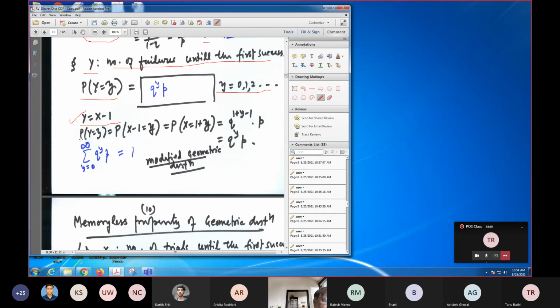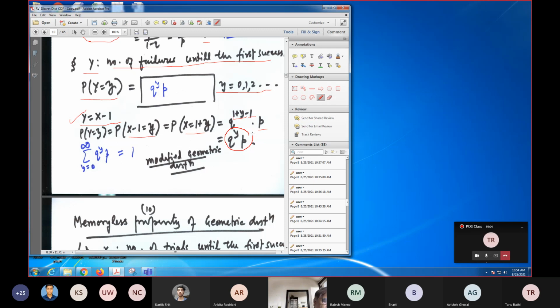So probability of Y equal to y is the probability of X minus 1 equal to y. It means X equals 1 plus y. Since we know the distribution of X, I can write Q to the power 1 plus y minus 1, into P, which is Q to the power y times P.